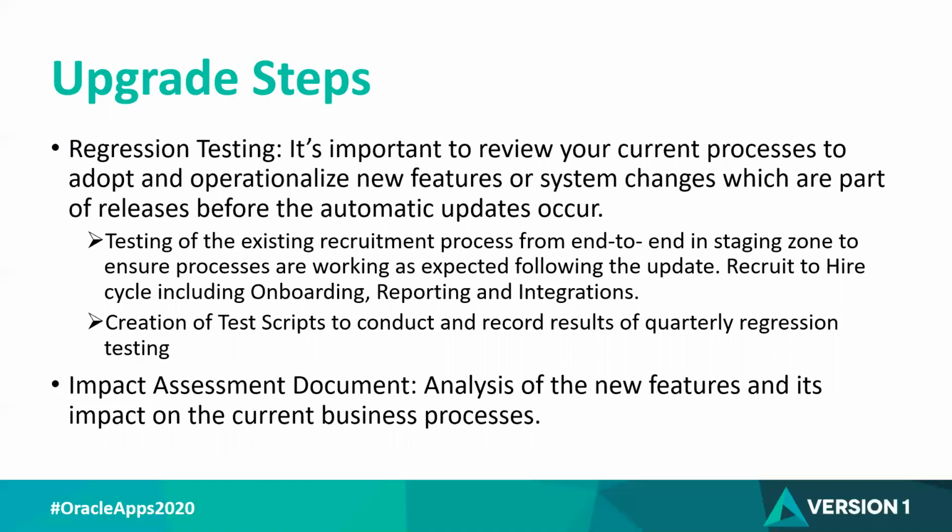When we say regression testing, you should test your existing recruitment process end to end in your staging zone, which includes your recruit to hire cycle, any third-party integrations, and the onboarding with reporting. Also, you should create a test script which can be reused for each upgrade.